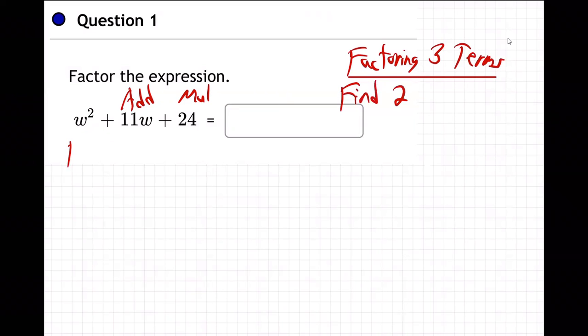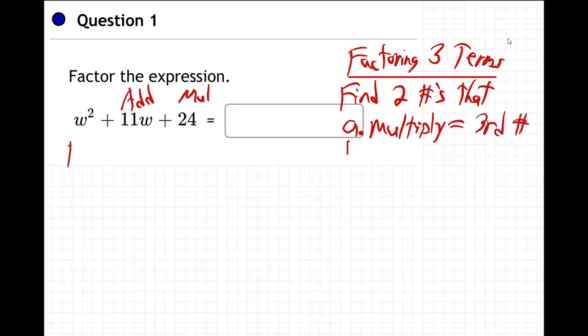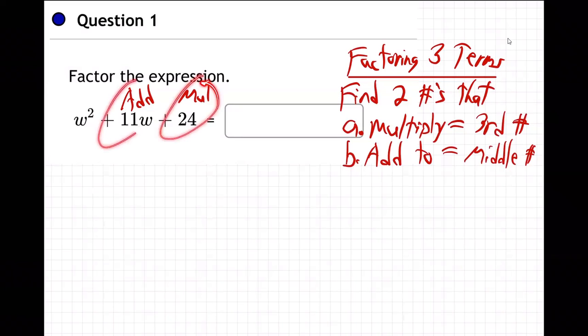Find 2 numbers that multiply to equal the 3rd number, and add to equal the middle number. So that's why I wrote multiply to be the 3rd number, add to be the middle number. You want to find 2 numbers that multiply to be the 3rd number, 24, and add to be the middle number.